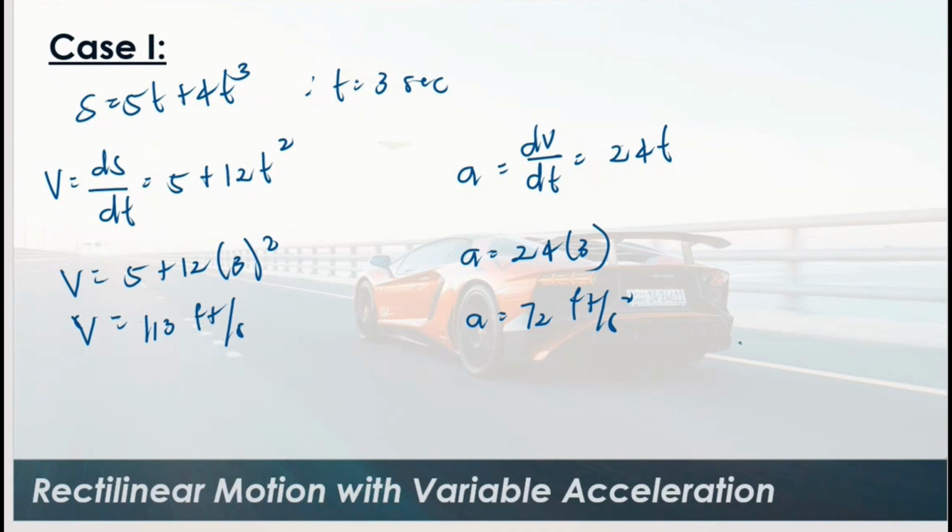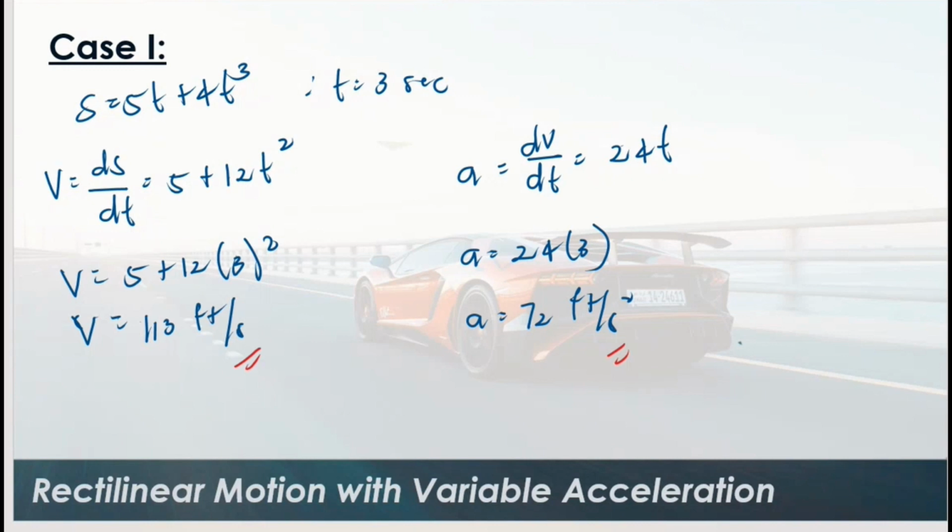And so these are our answers in terms of our equation in case number 1. We just have to remember that velocity is equal to the derivative of the displacement with respect to time, and acceleration is the derivative of the velocity with respect to time.